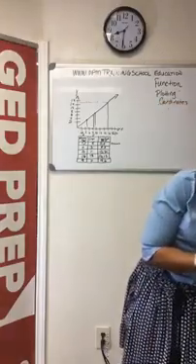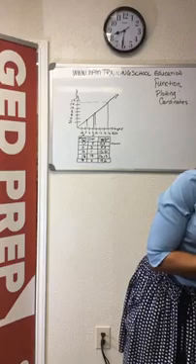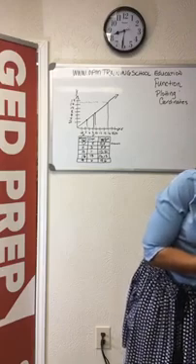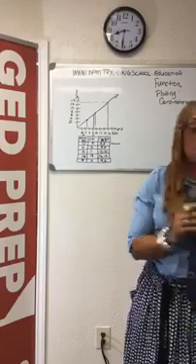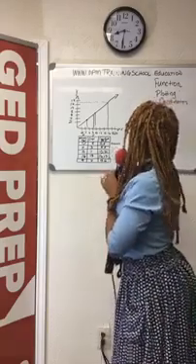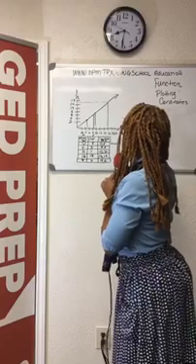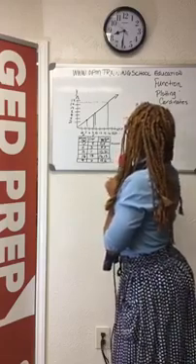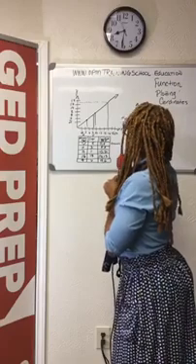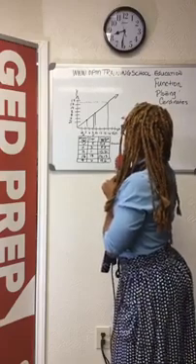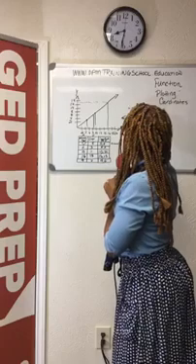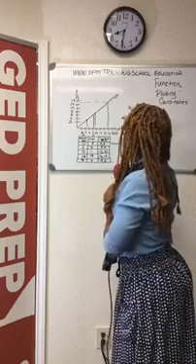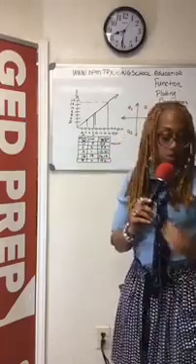So that's plotting coordinate grids, and that's pretty much where I want to leave it. So you can understand, when we talk about plotting coordinate grids, you could have all 4 quadrants, which is Q1, Q2, Q3, and Q4.